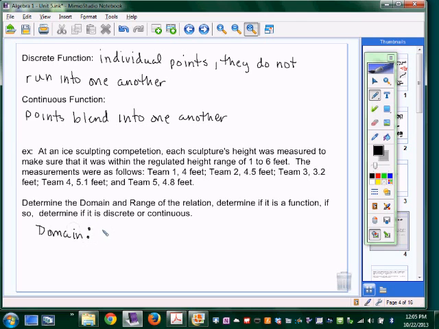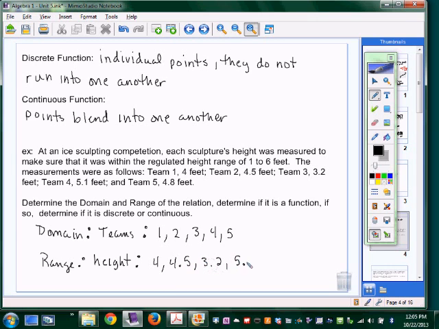The teams. So we have 1, 2, 3, 4, and 5. The range is the height. And so we have 4, 4.5, 3.2, 5.1, and 4.8.